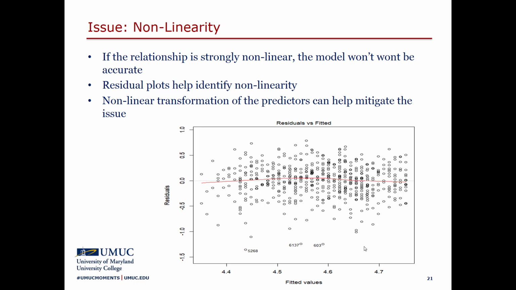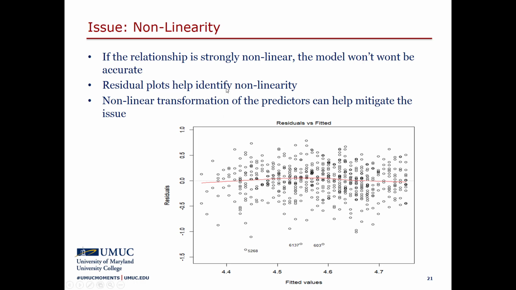Among the other assumptions that we made, one of the main assumptions is that, for the most part, there is a linear relationship between the predictors and the response variable. Again, in multiple regression, the linearity is in the parameters. You can have other terms, like non-linear terms in the explanatory variables, but they're still linear in the parameters.